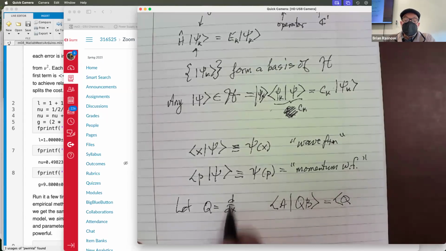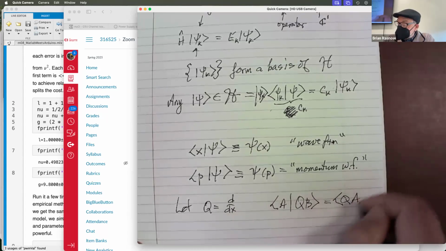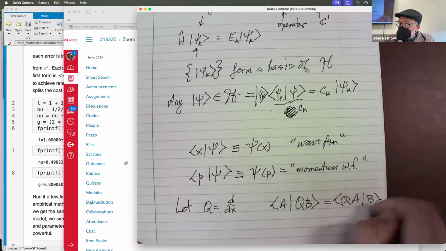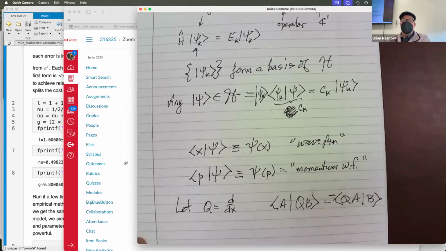Well, it's the complex conjugate of this, which is the same thing. And if we do that, this is not true. There's a minus sign stuck in there. That putting Q on the other side gives us a minus sign.